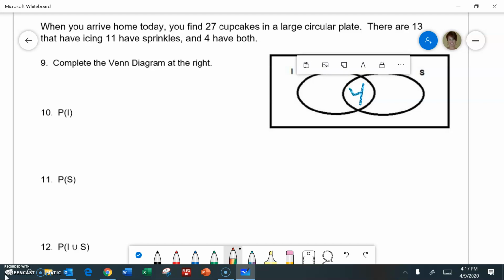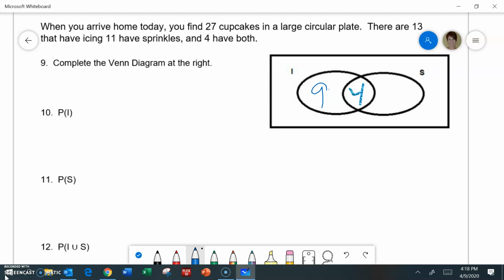So there's our 4. Now keep in mind, when it says 13 have icing, we cannot just slap a 13 right here. That's not correct, okay? Because in the circle, 13 plus 4 now gives you 17, and that's too many with icing. So 13 minus 4, if I think that through, that's going to give me 9 that only have icing. 4 have icing, but also something else.